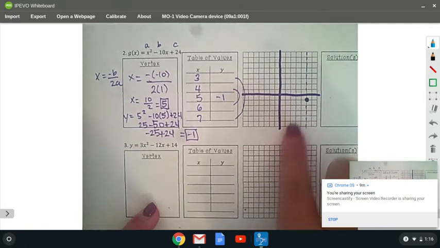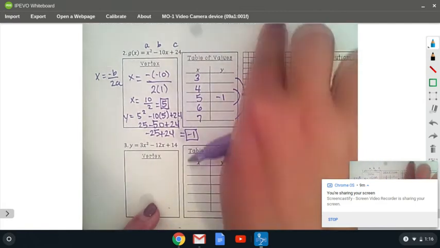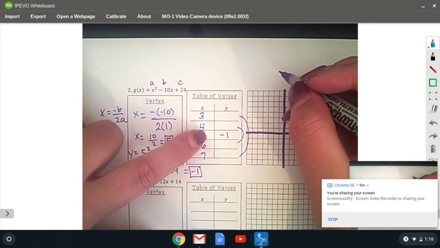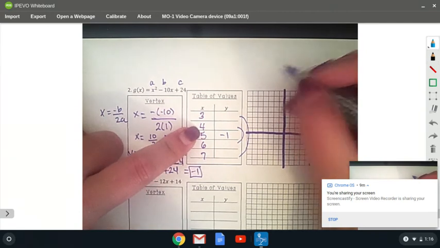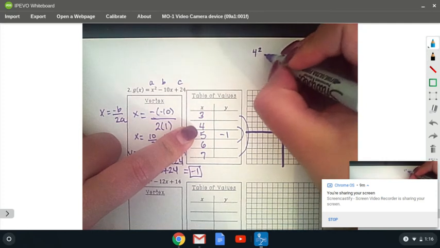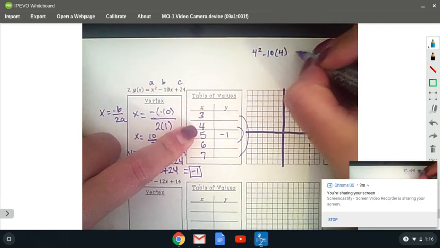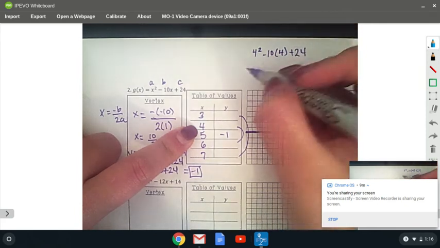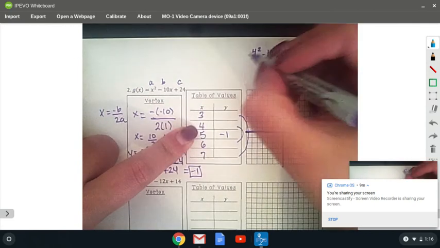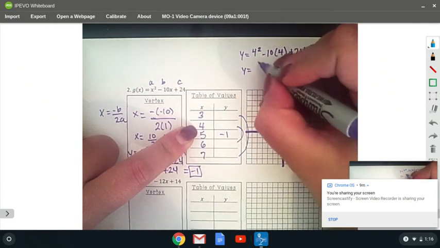I can't put my y-intercept on this graph because it's 24. That's way too high. I can't fit it. So I'm going to do a little bit of math up here to see what, if I plugged in 4, what I would get. So if I plugged in a 4 to this equation, 4 squared minus 10 times 4 plus 24. So I just took a 4 and plugged it into this for x because I want to find the y.